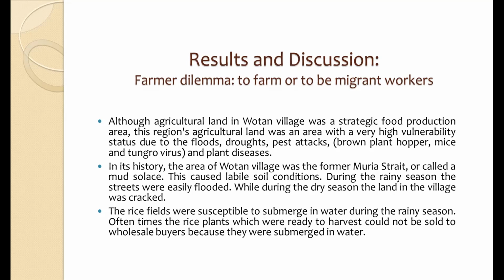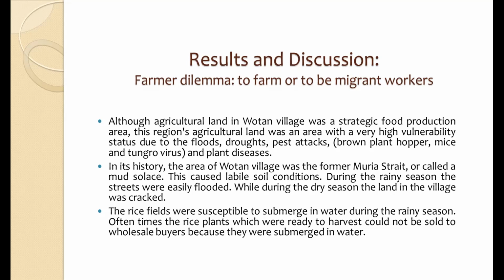Oftentimes, the rice plants which were ready to harvest could not be sold to wholesale buyers because they were submerged in water. The condition led to the initiative to look for other more promising sources of income.